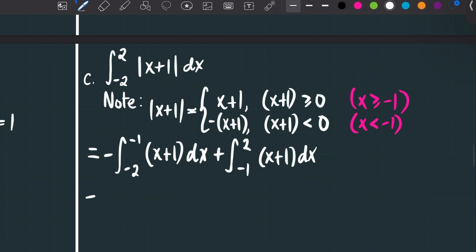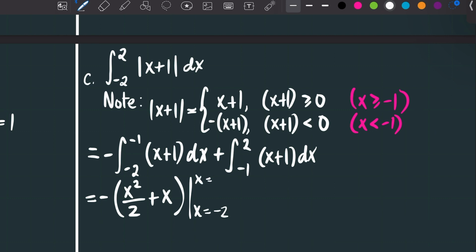So, let's compute for the integrals of the following. So, for the first one, integral of x plus 1, that's x squared over 2. So, x raised to 1 plus 1 all over 1 plus 1. Plus integral of 1 is x, and this is evaluated at x equals negative 2 to x equals negative 1.